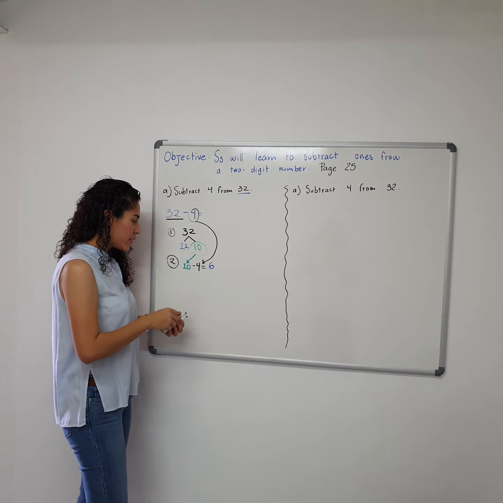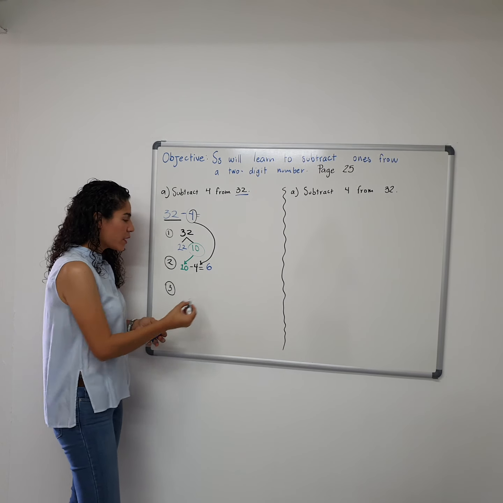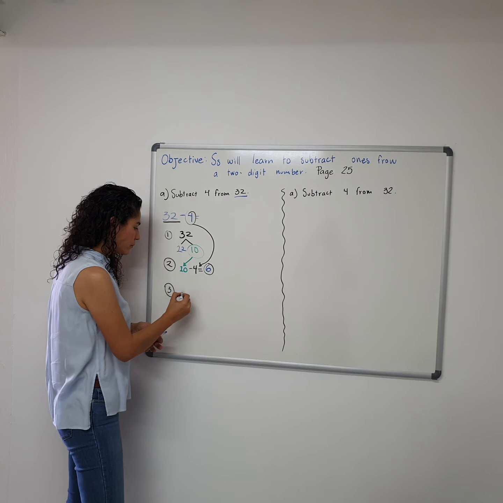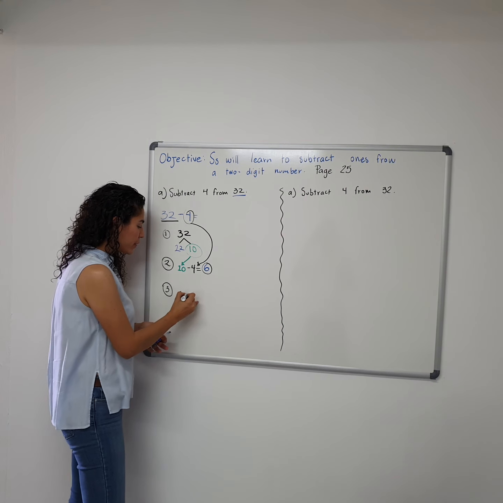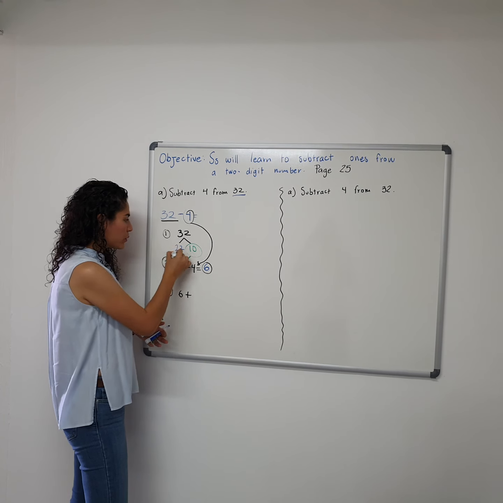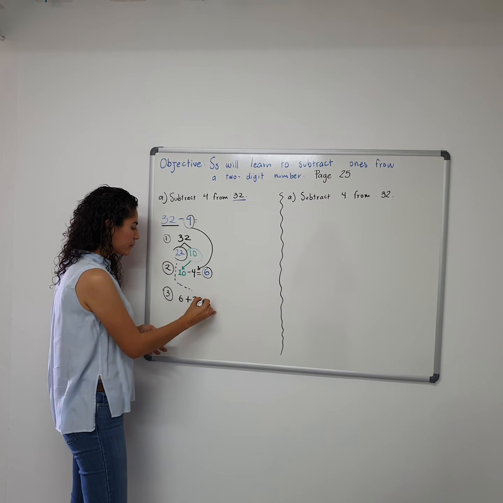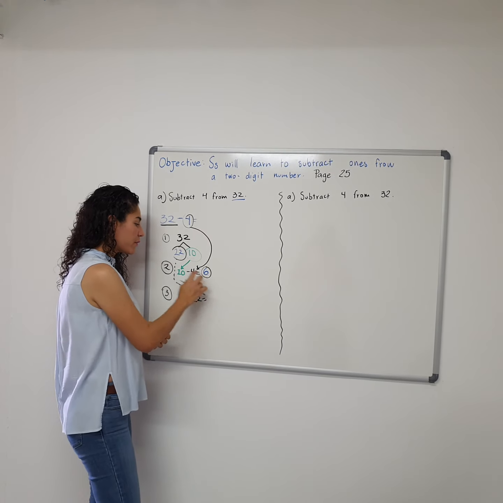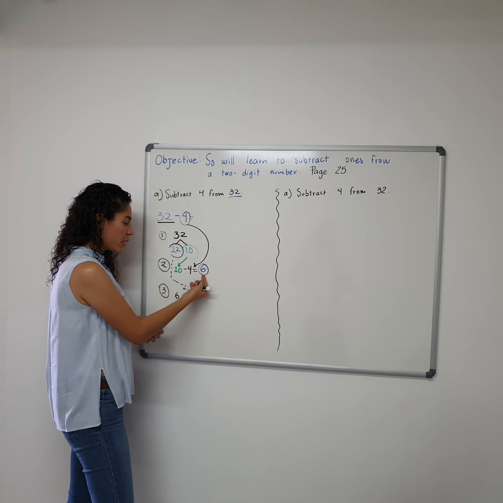And then this is going to take us to step number 3. We're going to take this number 6, and we're going to add it to the tens we have in here. Again, the result that you got from using the 10 and taking away the number 4, you have it in here.